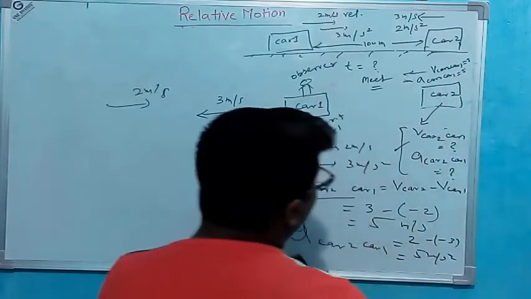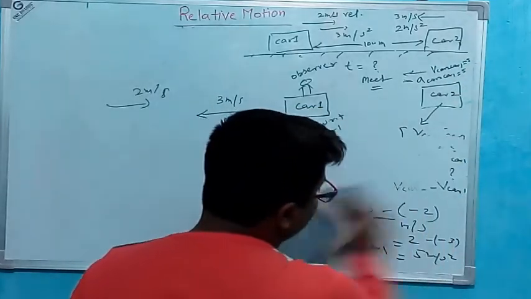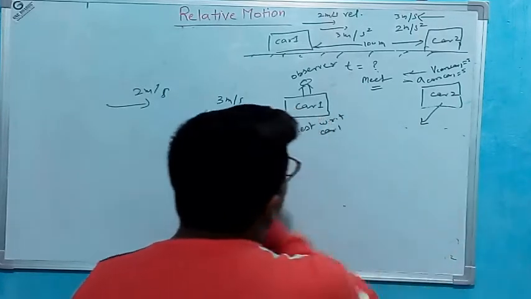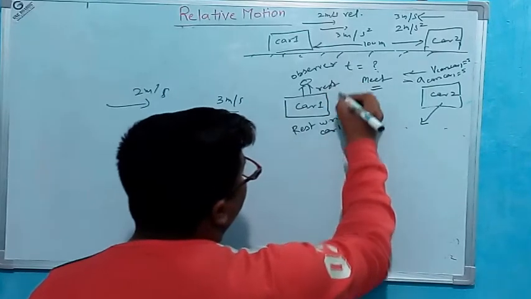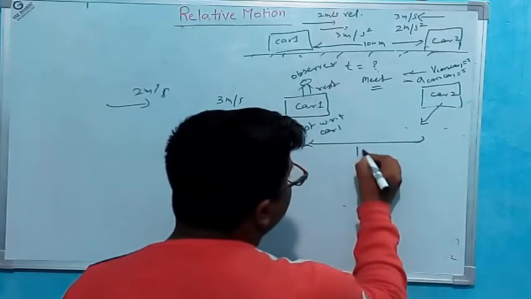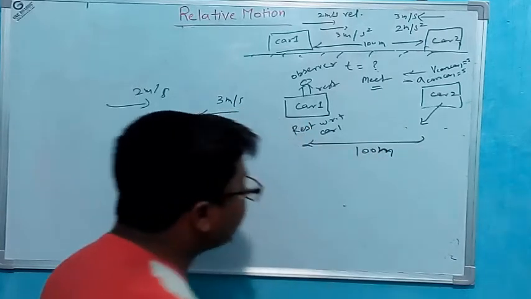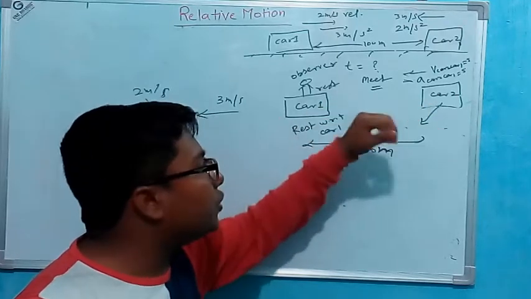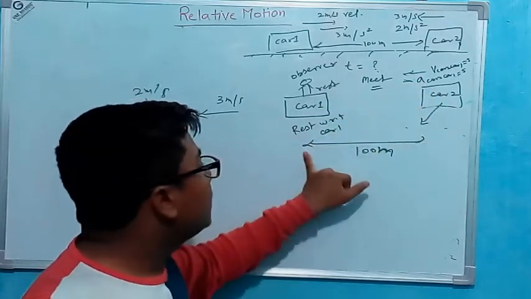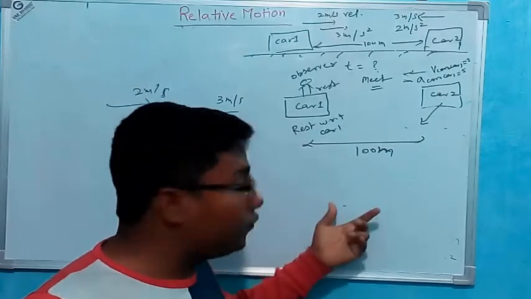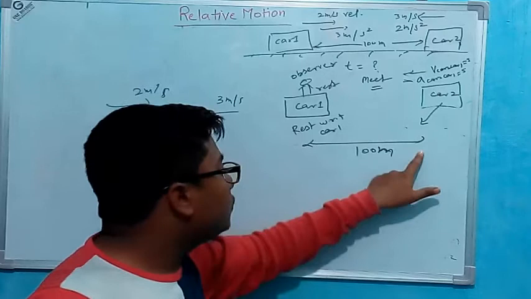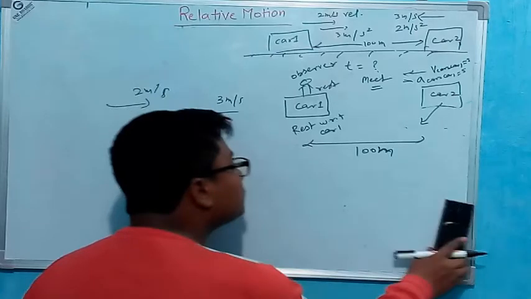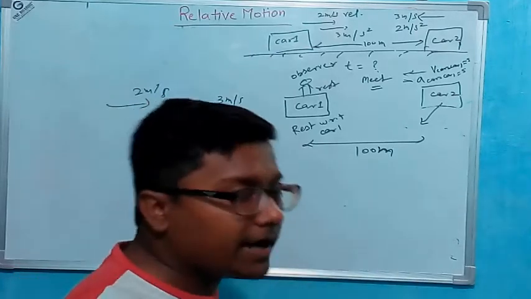Okay, the separation between both cars is 100 meter. Now I am saying that I am at rest because I am in car 1, and car 2 will move toward me and come to me by traveling 100 meter distance.